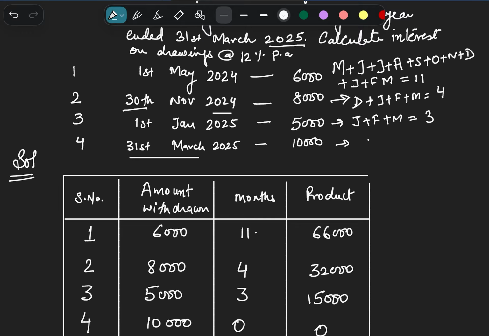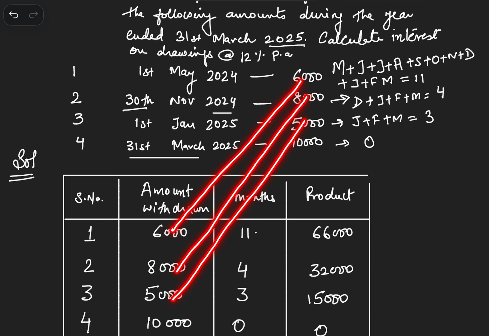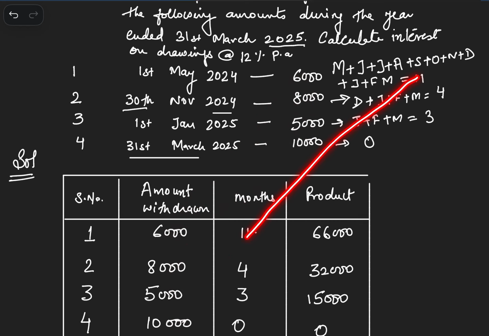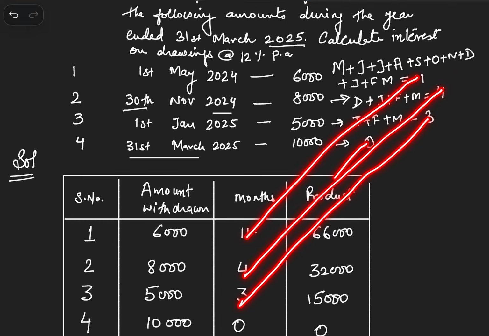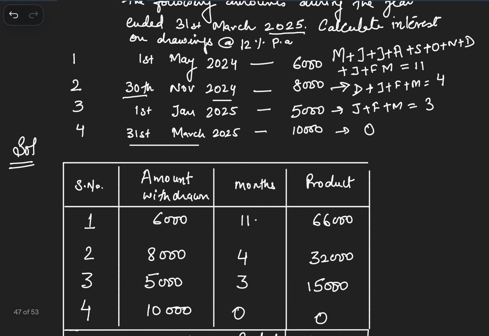So here the time period is 0. So we have written the amounts 6,000, 8,000, 5,000, 10,000, and then the period 11 months, 4 months, 3 months and 0 here, right? Now the product of the two.